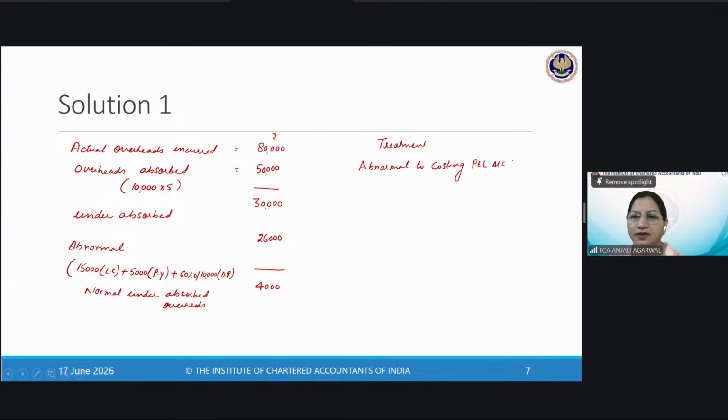So your journal entry would be costing P&L account, debit to under absorbed overheads account, if you have created the under absorbed overheads account, or simply to overheads if you have not created the overhead suspense or under absorbed overheads account.